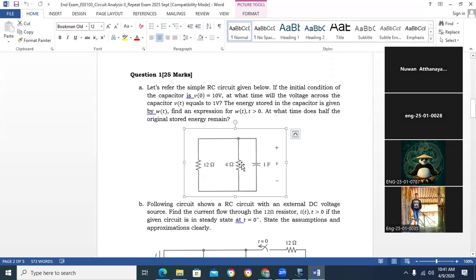For example, here this is actually a discharging circuit, so the capacitor works as a DC source. It is discharging and you are asked to find the time when the voltage across the capacitor is 1 volt. So we will do this.